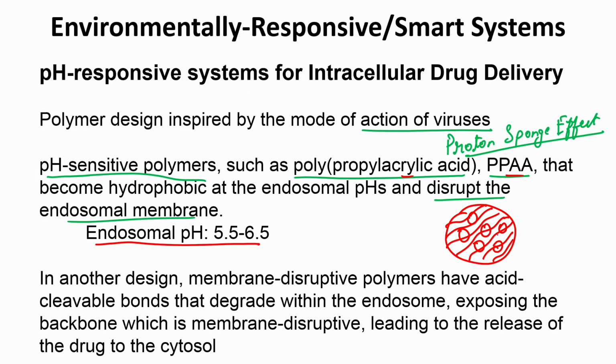So, all of this drug which was initially entrapped starts to release very quickly once it goes to the endosome as the pH drops a little bit. Now, the drug that is being released is also released with some molecules that are membrane disruptive, or maybe the backbone of the polymer itself is membrane disruptive.